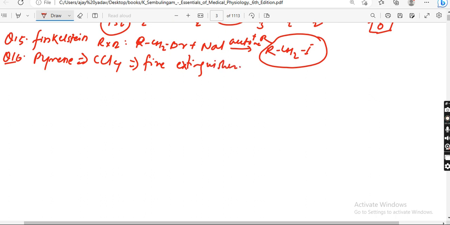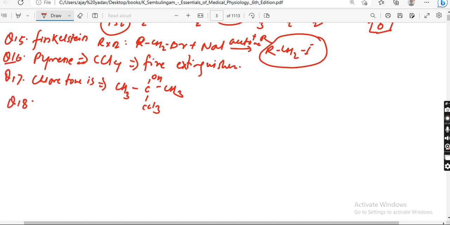Now we have been asked about chloretone. We know that this is CH3-C(OH)(CCl3)-CH3. You must remember this one. This is chloretone.